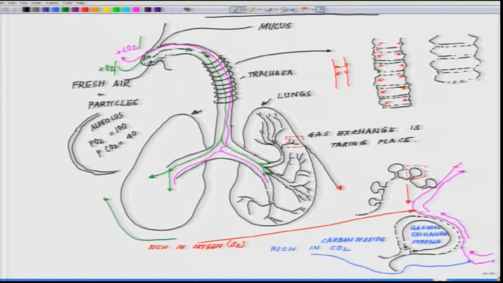This is the partial oxygen tension and carbon dioxide tension inside the lungs. This is the inhaled air.